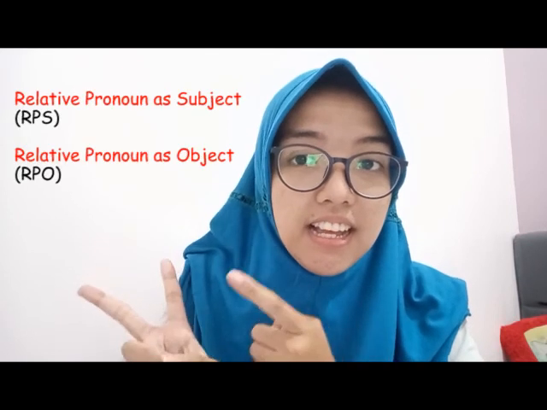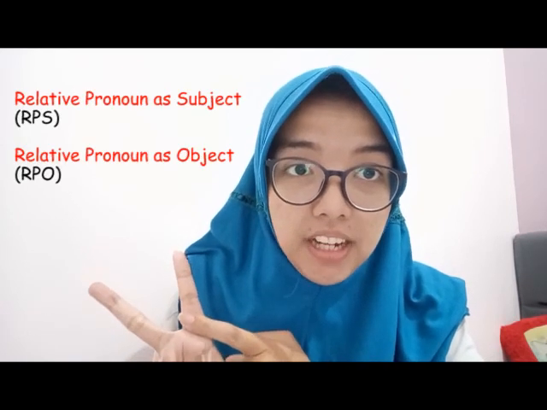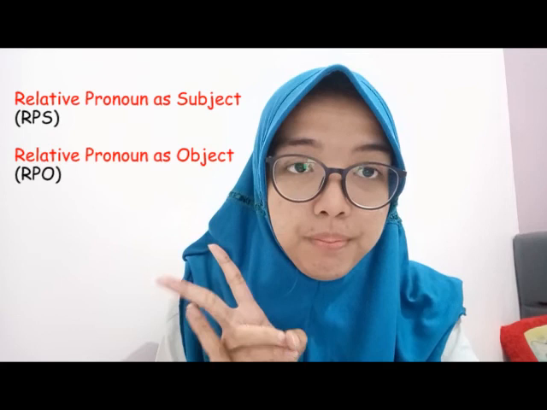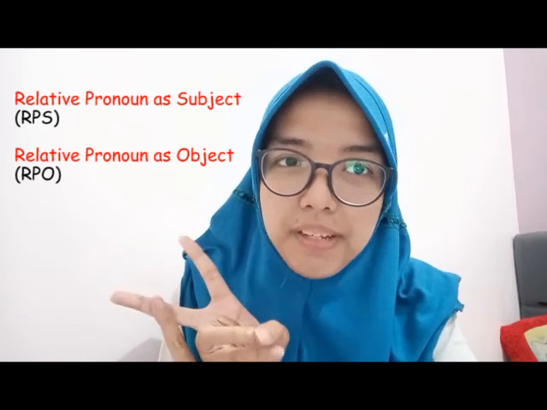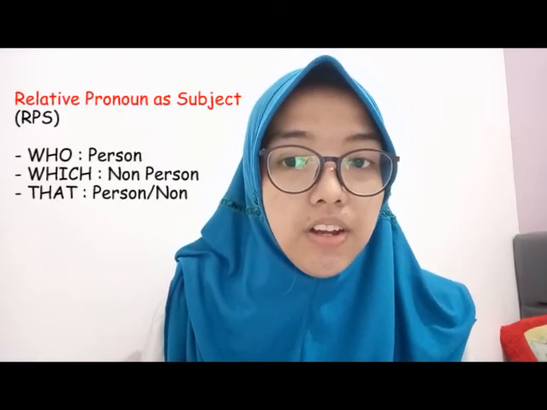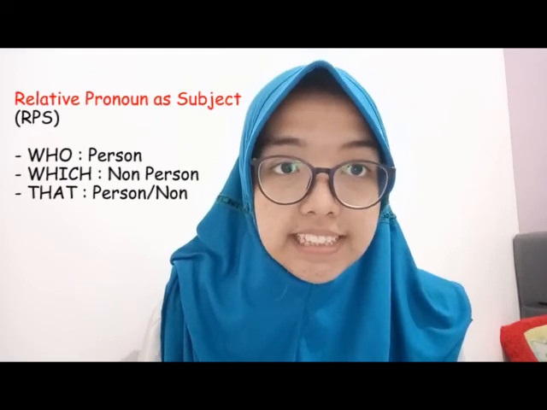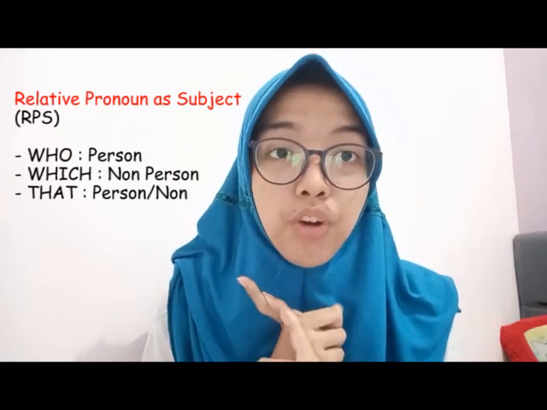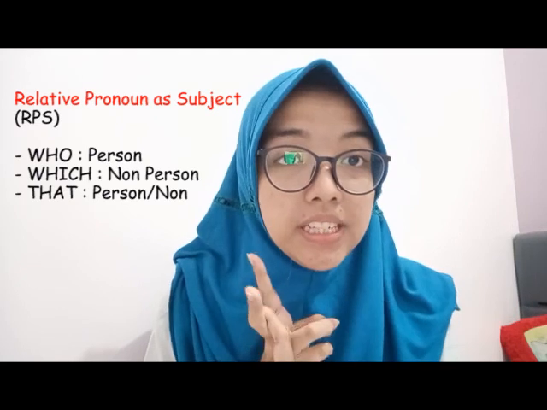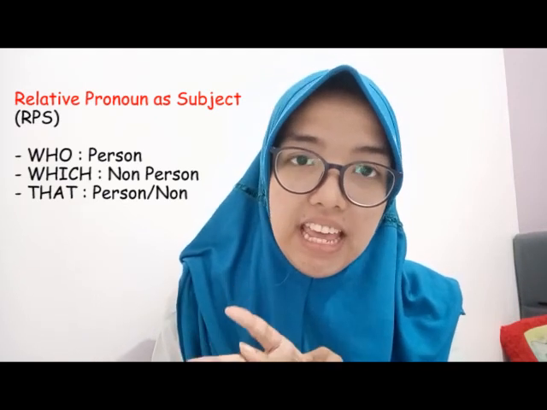Two parts of adjective clause are relative pronoun as subject, or RPS, and relative pronoun as object, or RPO. The first, relative pronoun as subject, consists of conjunction who for person, which for non-person, and that for person or non-person.